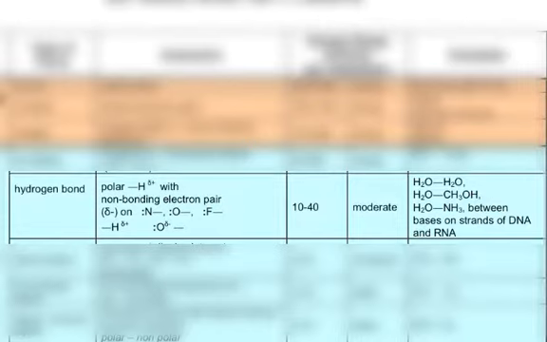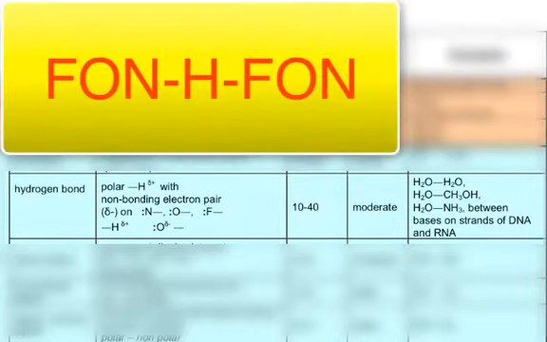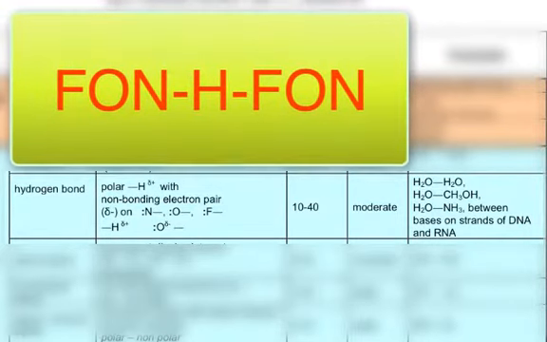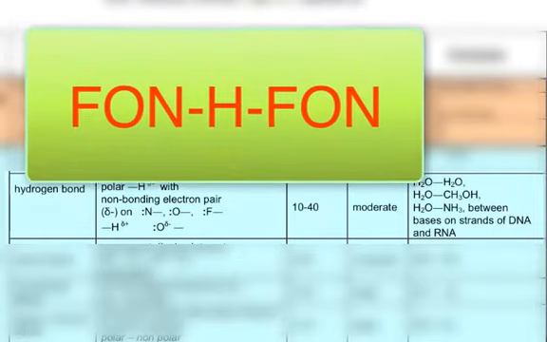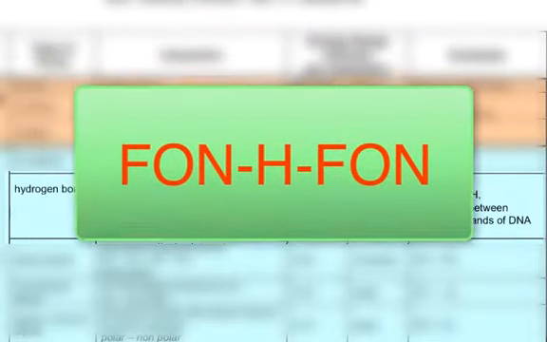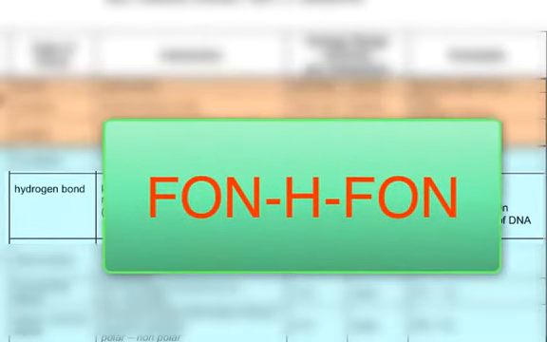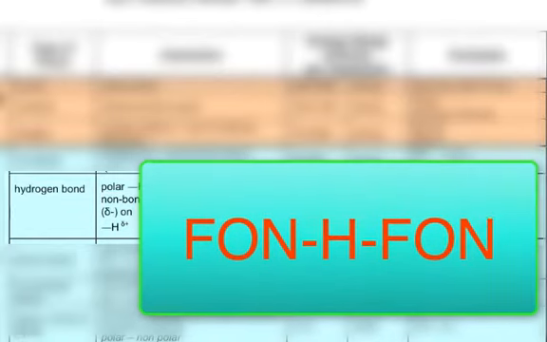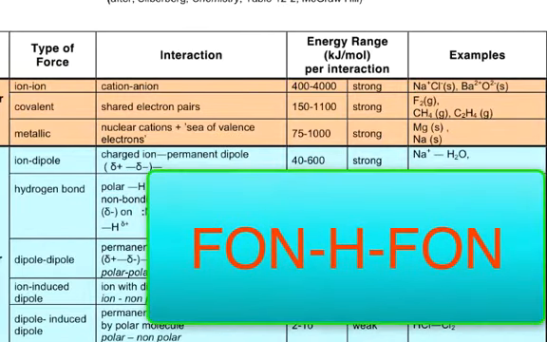So we will say that hydrogen bonds have to have FON, F-O-N, on both sides of the hydrogen. The hydrogen has to be covalently bonded to a fluorine, oxygen, or nitrogen on one molecule, and then has to be attracted to a totally different fluorine, oxygen, or nitrogen on another molecule.